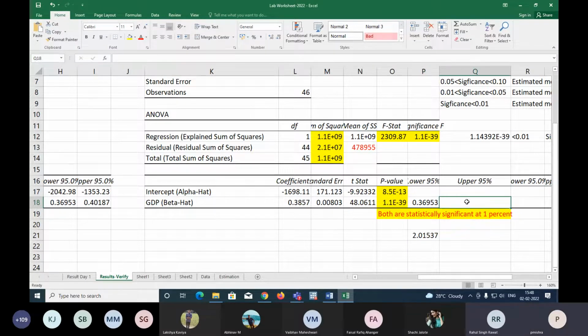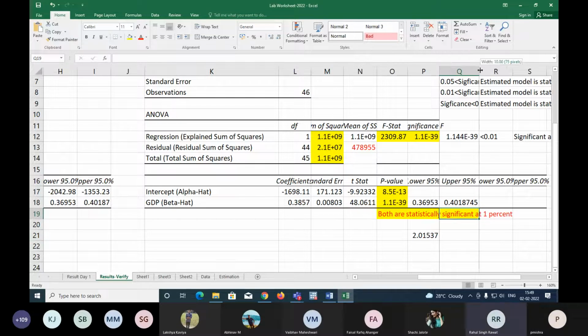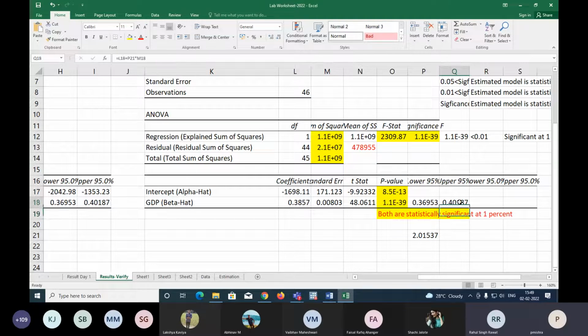What about the upper limit? Again, you need to give beta value plus this T value at 95% confidence level or 5% significance level multiplied by this standard error, upper limit. You see what you are getting? It is exactly matching.